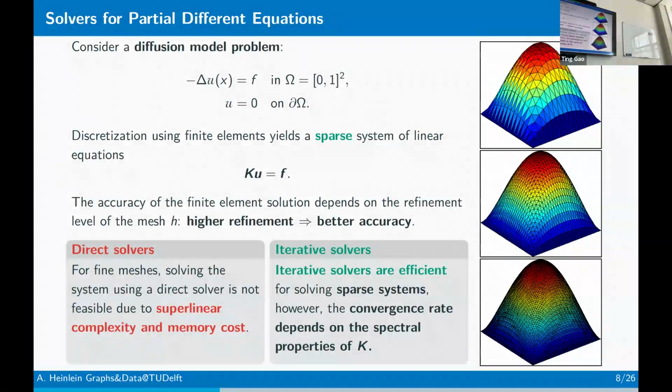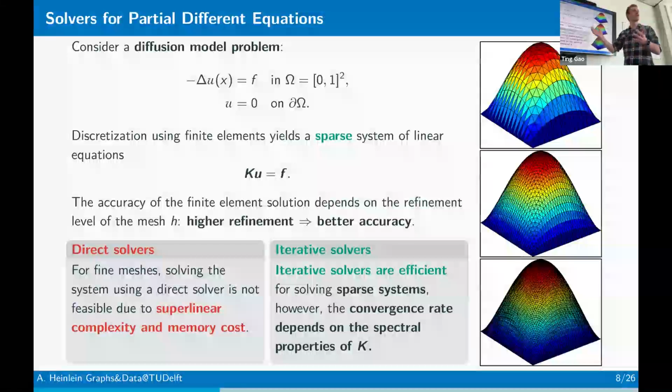And one nice thing about it is that they are sparse, the sparsity pattern corresponds to the graph corresponding to the mesh that you see here. So the matrices can be big, but there are many zeros in the matrix. And now you refine to get better accuracy.